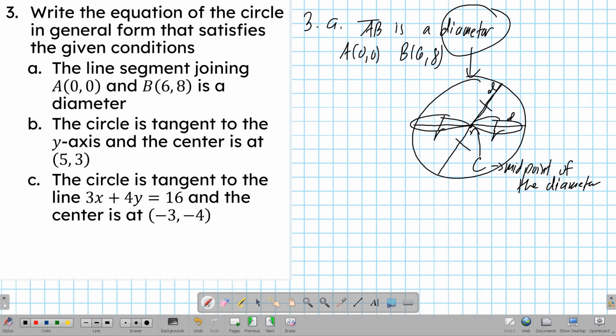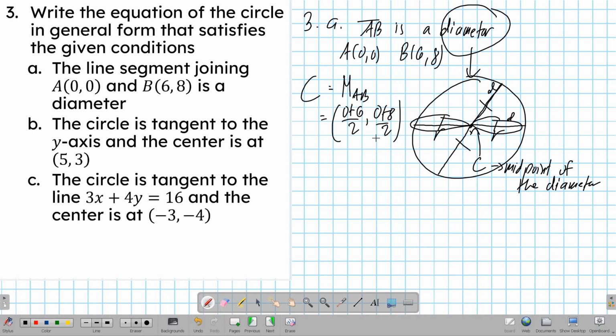So, the center of this circle with these given conditions would be the midpoint of AB. Therefore, the coordinates of that would be 0 plus 6 over 2 and then 0 plus 8 over 2.